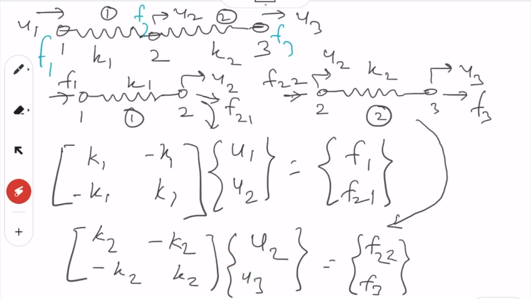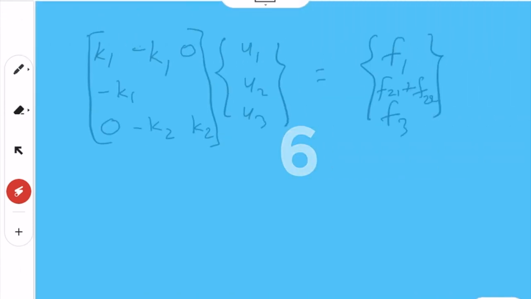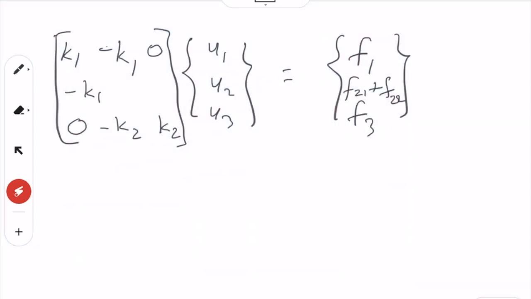So, we will have minus k2 multiplied by u2 plus k2 multiplied by u3 equal to f3. This is the last line, right. So, the last row, if you see, should be equal to f3, whatever equation gives f3, that we have to write, right.